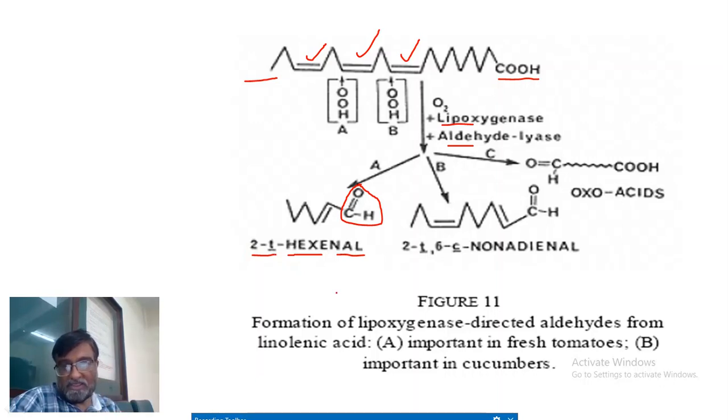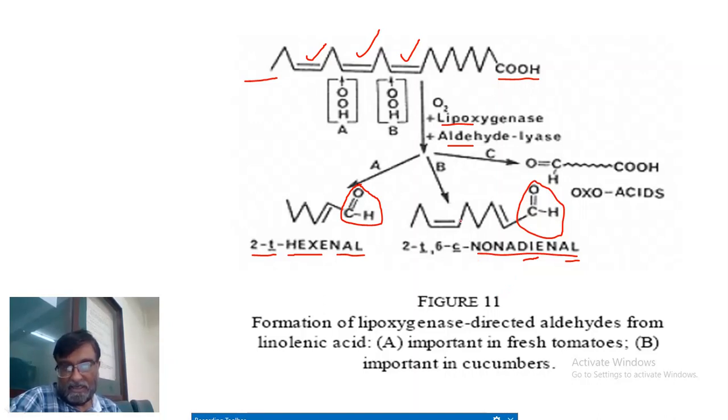Another structure that will be formed is 2,6-nonadienal. Dienal means there are two double bonds. Enal means it's an aldehyde structure, with the CHO group. Nona means 9 carbons.